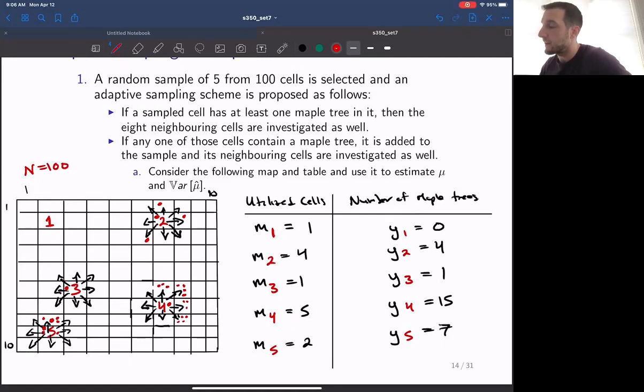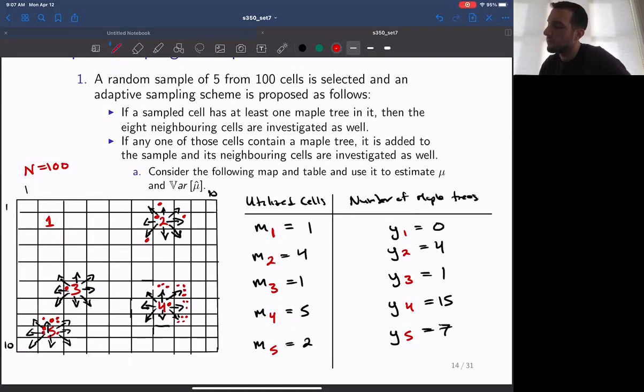So y is the count of the number of maple trees, and m is essentially the sample size of the network that you are working with. Rather, sorry, m is the number of cells in the network that you are working with that contain a tree. Well, actually, that doesn't work in this case.